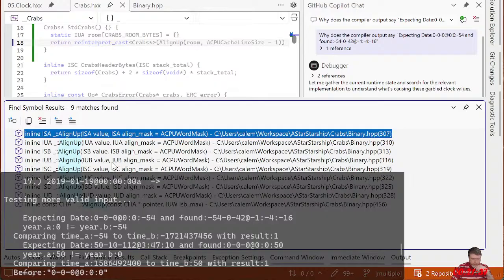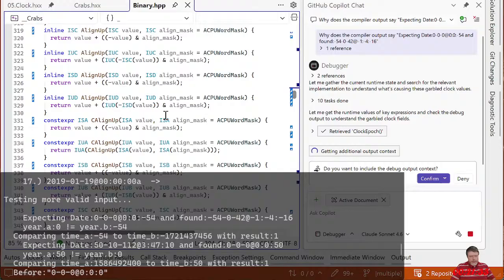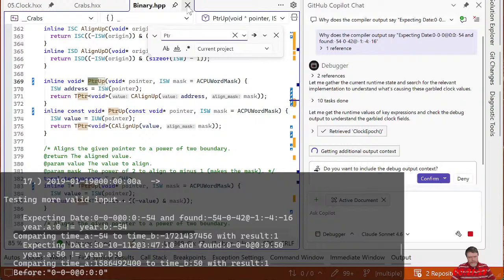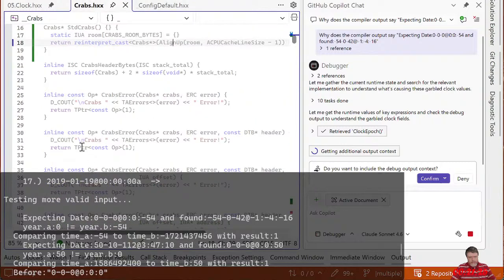Wait, don't we need to do a putter? Where's the putter? Align, putter up, okay. So putter up, align that, and then we're good to go.